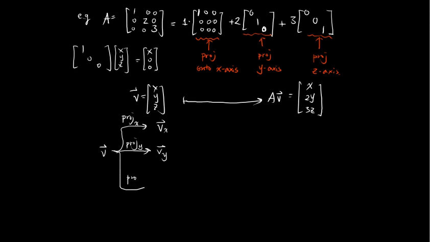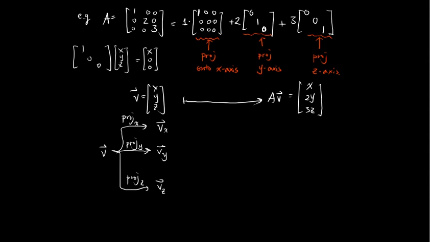Do the projection to Z, then you get the Z projection. So that's a projection into three different spaces: x-axis, y-axis, and the z-axis.